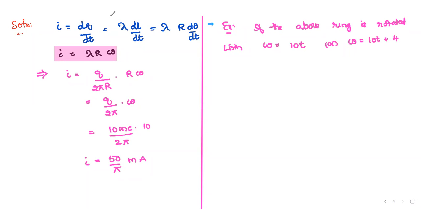Better we do three models: number 1, 10t; number 2, 10t plus 4; number 3, 10t square. Then I develops as how much, if they ask?